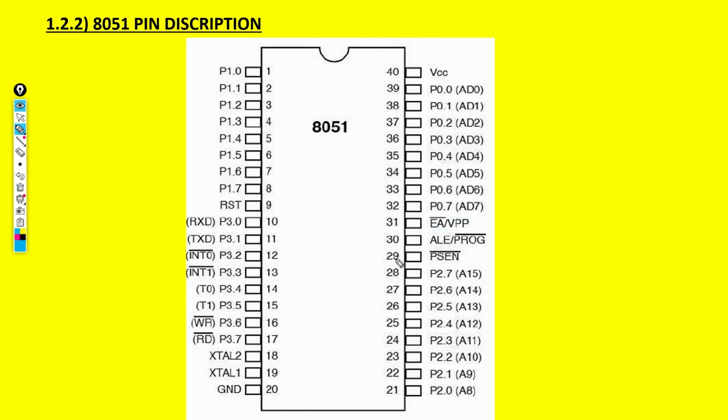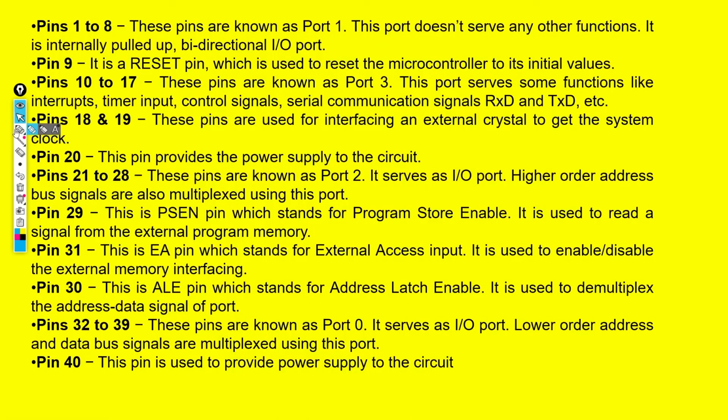Now let's see what the 29th pin, PSEN, does. The 29th pin is the PSEN pin, which stands for program store enable, and is used to read a signal from the external program memory. Let me explain.